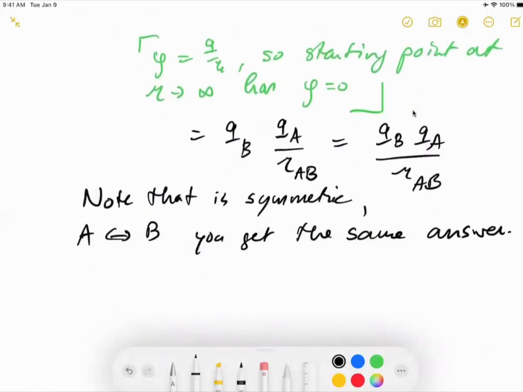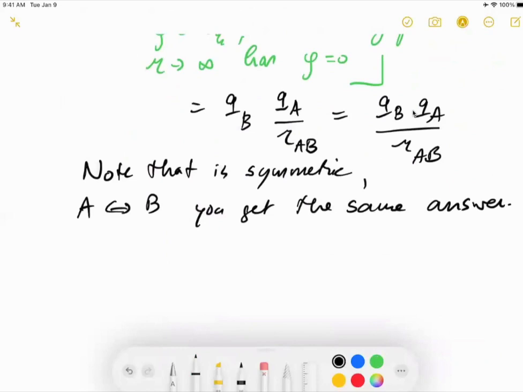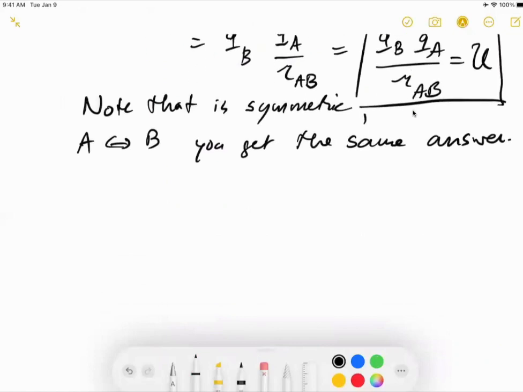So this should work out okay. This is your U of the configuration.